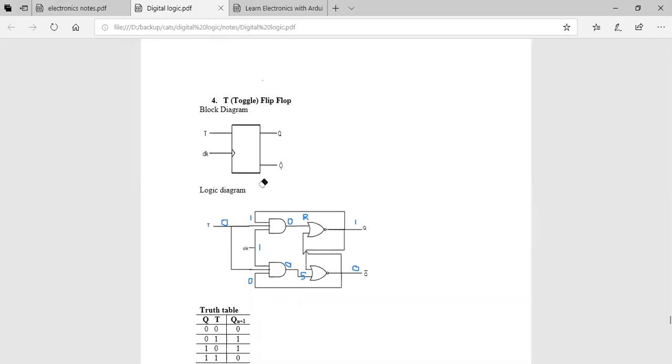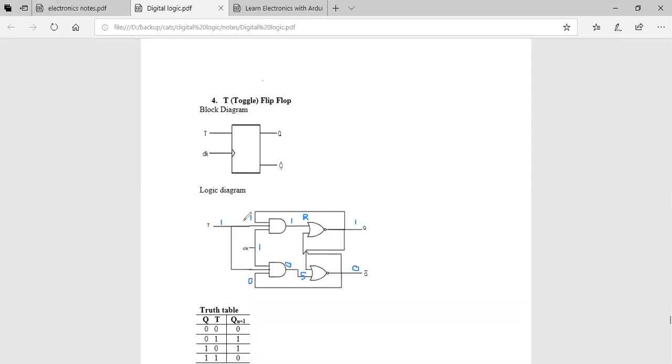And the last combination of 1, 1 is given, we change T to 1. This is 1. So 1 and 1 and 1. 1. It should be 1. So 1 and 0 and 0. 0.